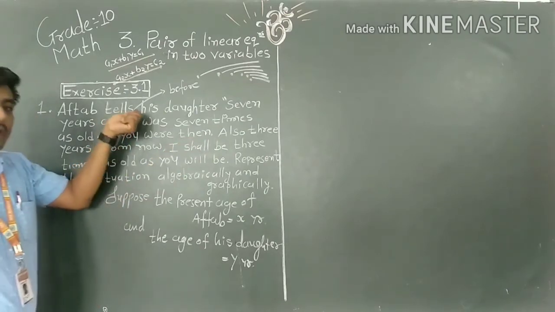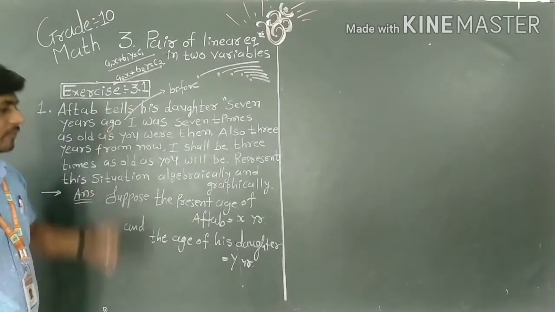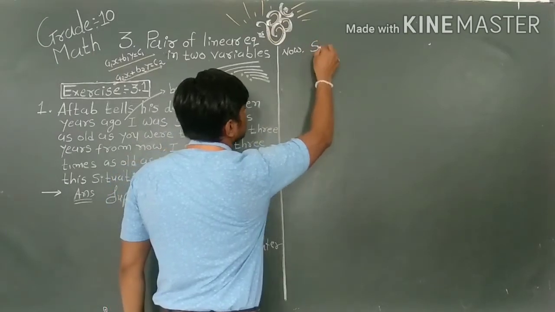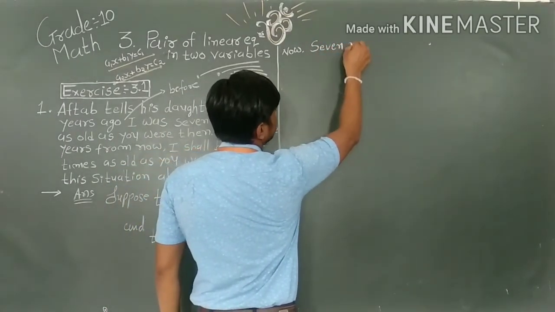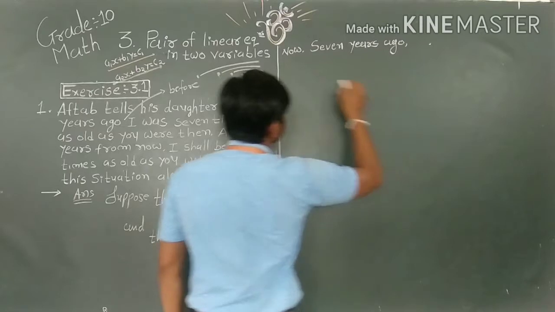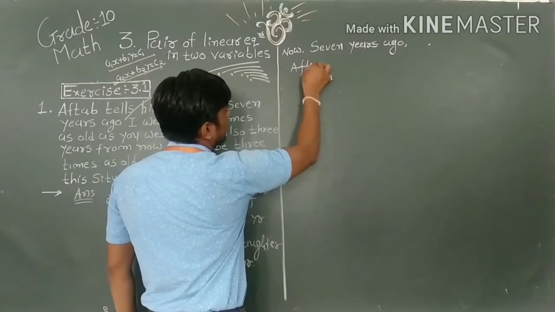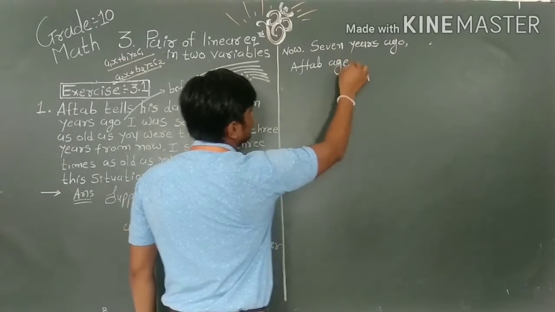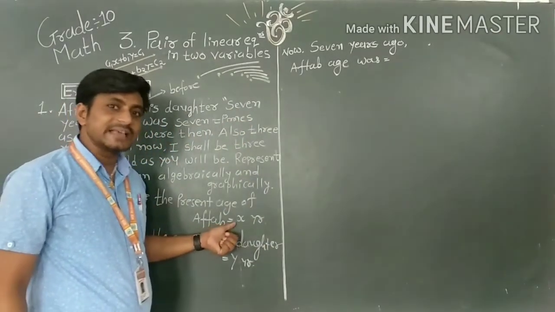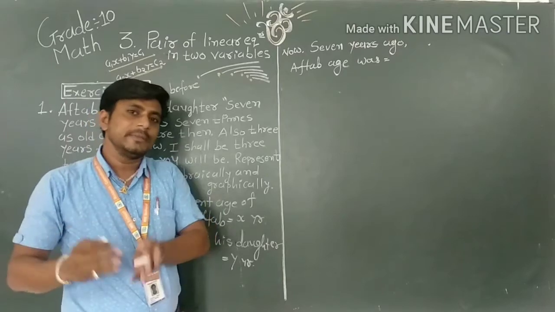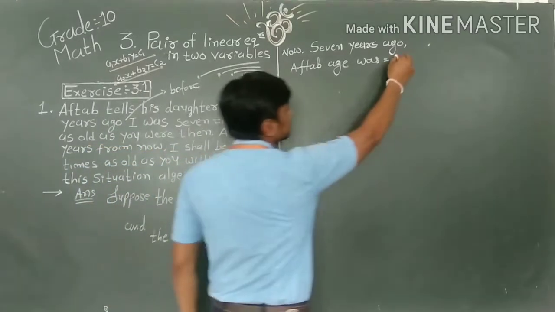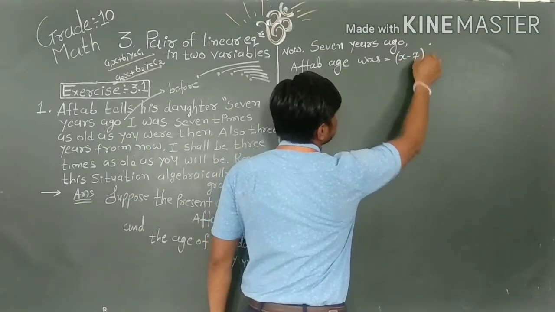Now we apply this condition. 7 years before, Aftab's age was: the present age is x, and before 7 years we subtract, therefore x minus 7. Aftab's age was x minus 7 years.